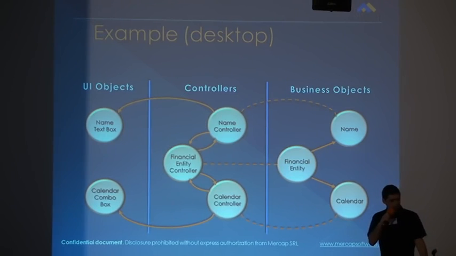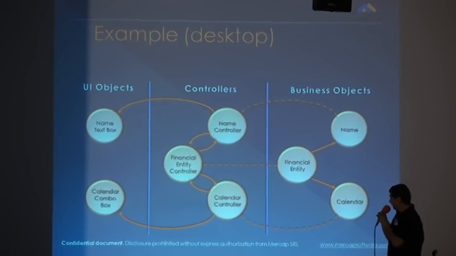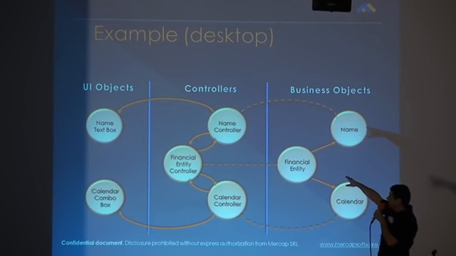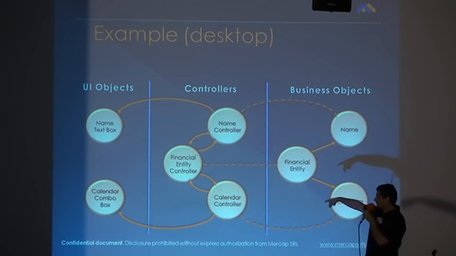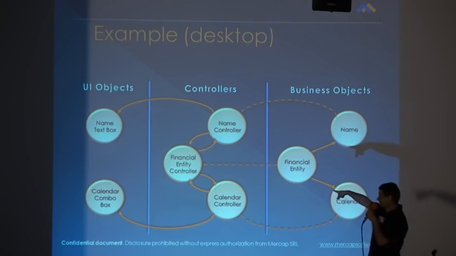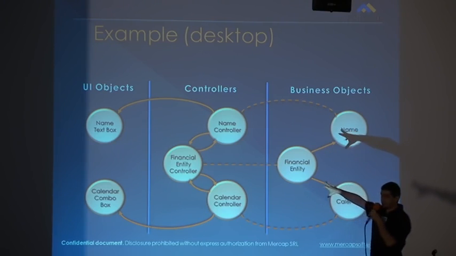Well, I said there is a parent-child relationship between controllers, and one more thing we need to notice here is that the name controller and the calendar controller know an object from the user interface world, and the financial entity just knows other controllers.